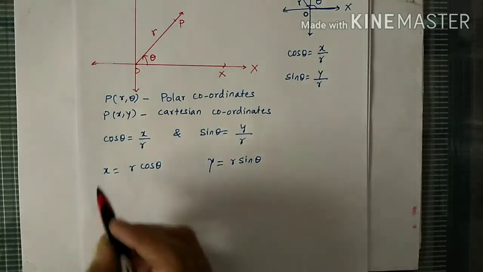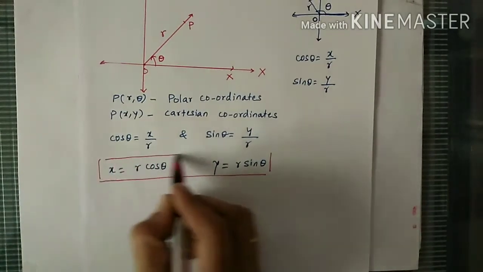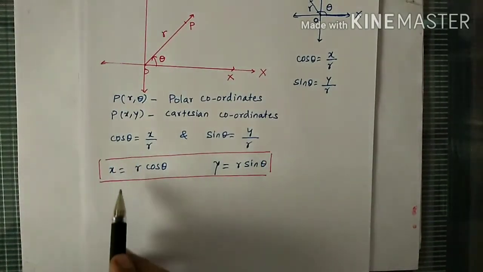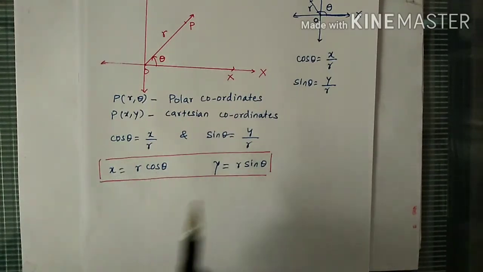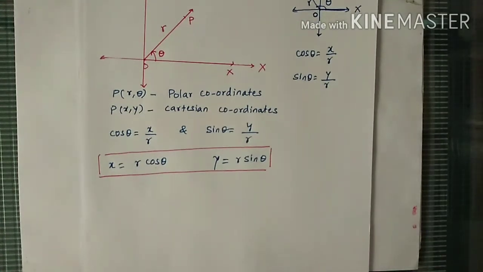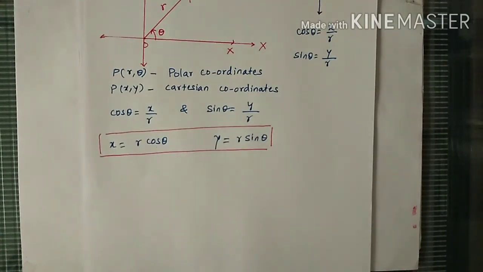So if r and theta are given, using this we can find x and y, that means the Cartesian coordinates: x is r cos theta and y is r sin theta. Okay. So given polar coordinates, we can find Cartesian coordinates.